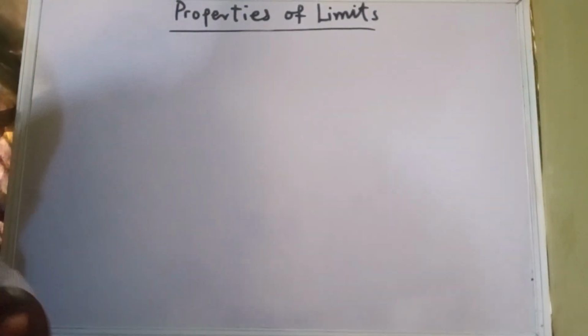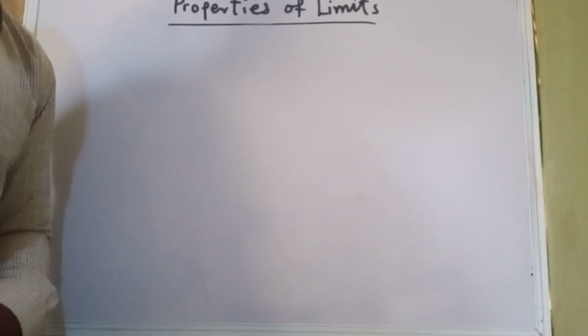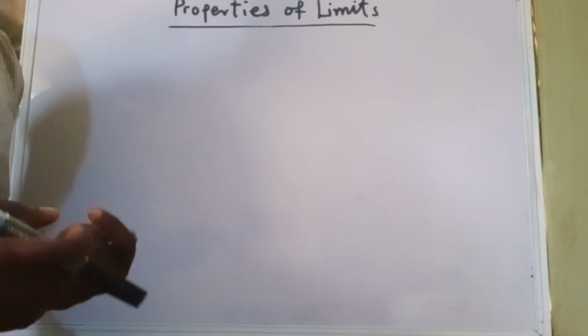Good day. Today we want to look at properties of limit. So why properties of limit? We need it because when calculating the limit of a function using a calculator, we tend to make mistakes.